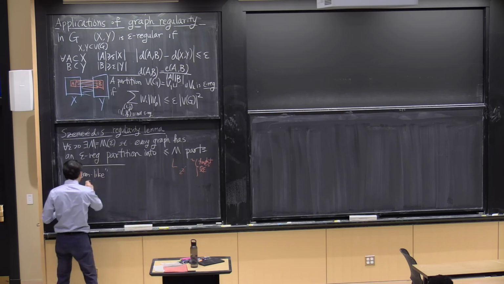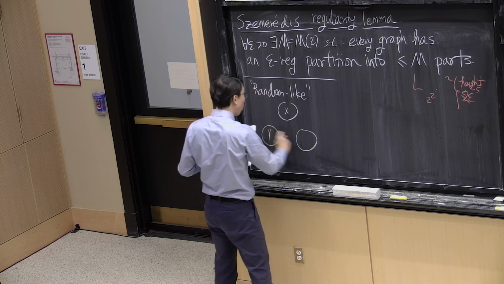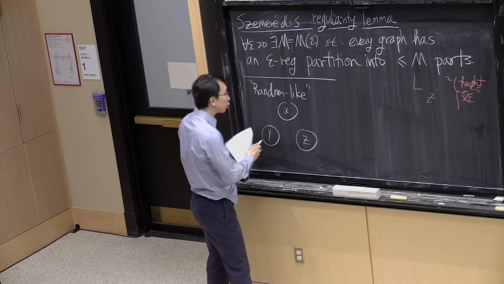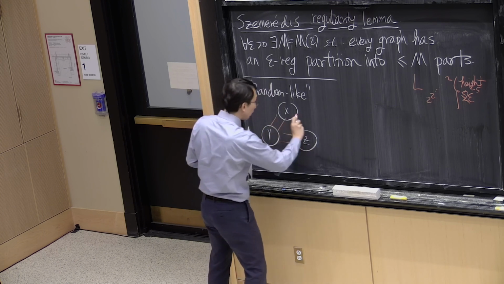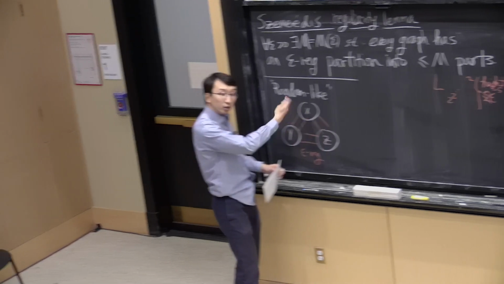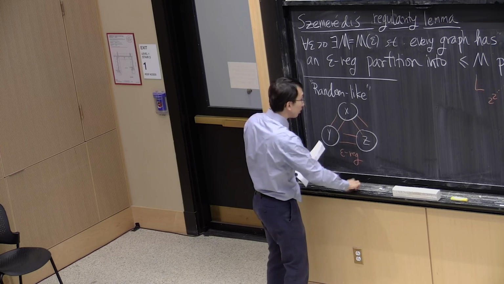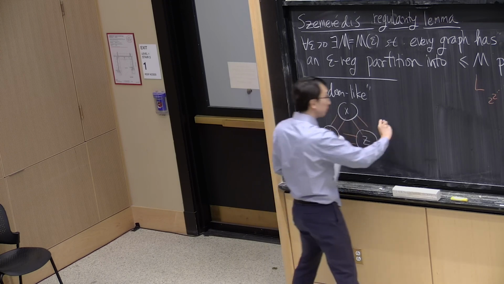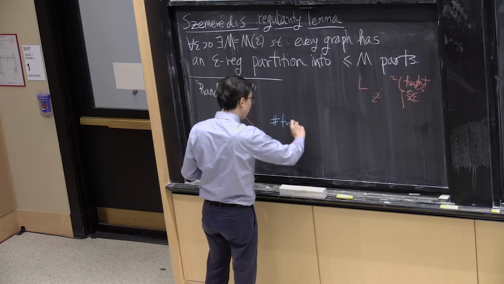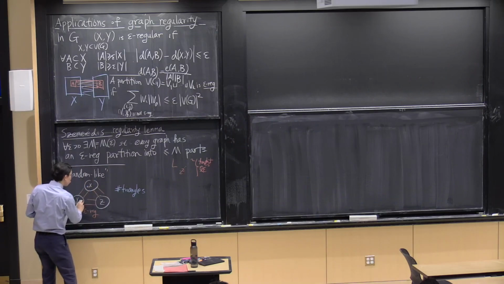In particular, if you have 3 subsets x, y, and z, and suppose the 3 pairs are all epsilon regular, then you might be interested in the number of triangles with 1 vertex in each set.